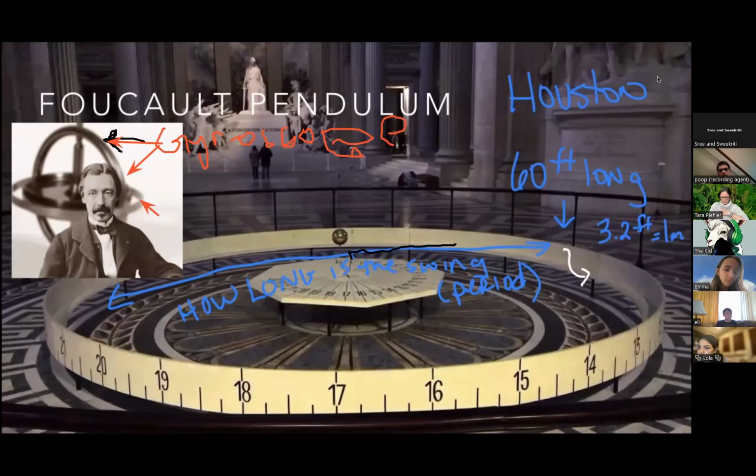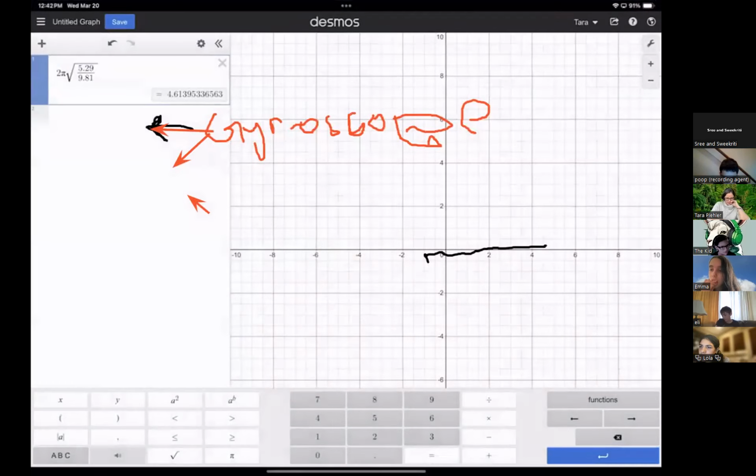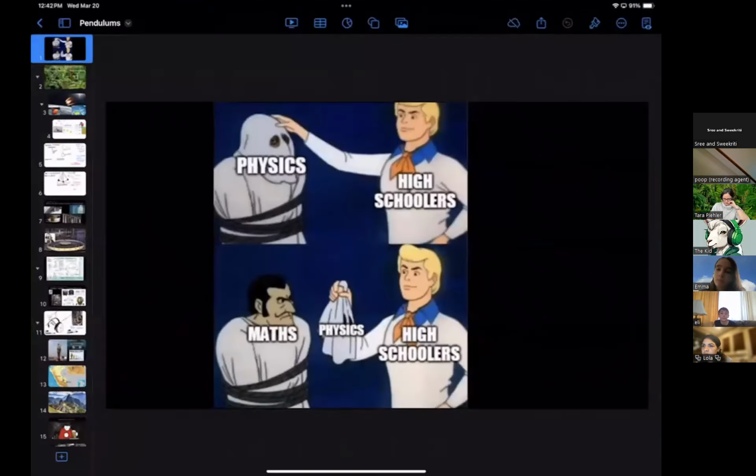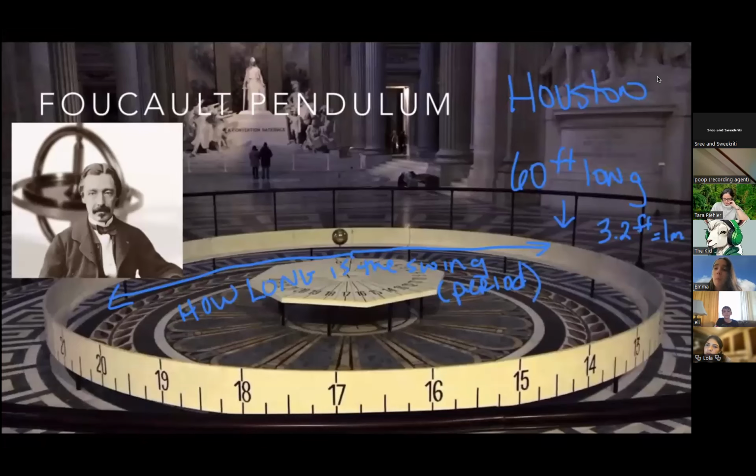Okay, let's do some unit conversions. Feet to meter. 18.75 meters.